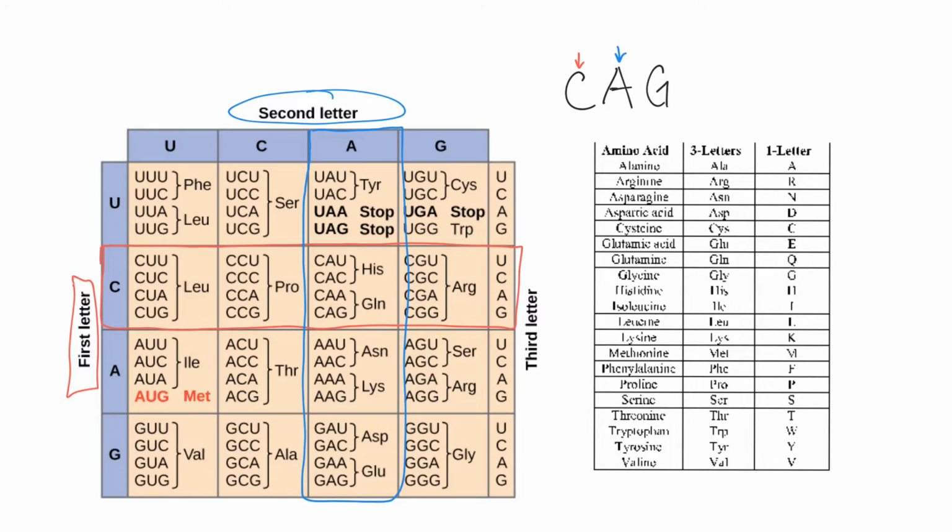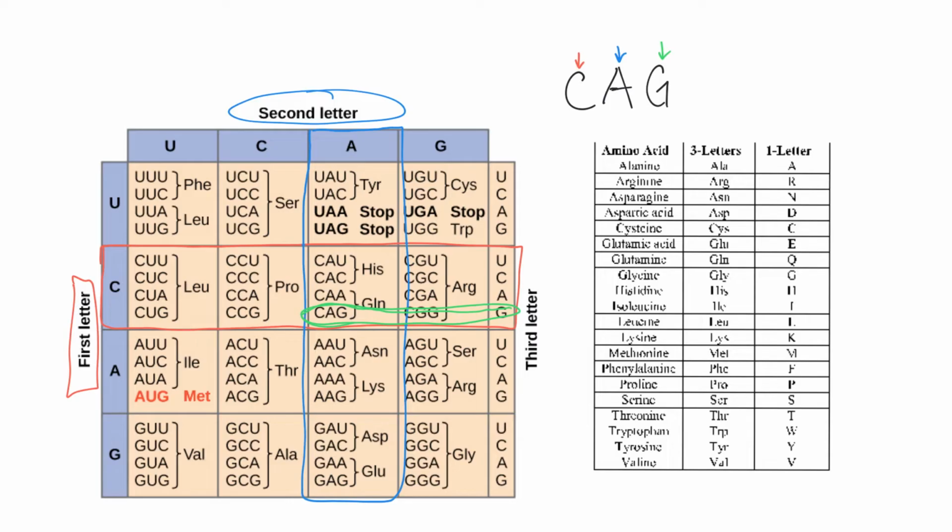And you'll notice that there's a region of overlap between that column and that row, the area that is the overlap between the row of C and the column of A. Then finally we get to the third letter, which in this case is a G, and we follow that G over. Then we get the area where all three lines overlap. And again, it confirms that it is CAG.